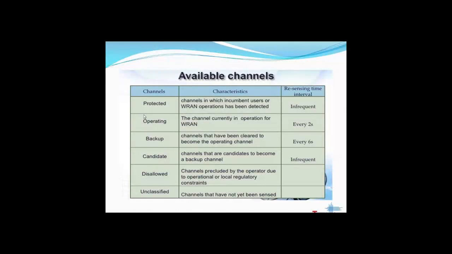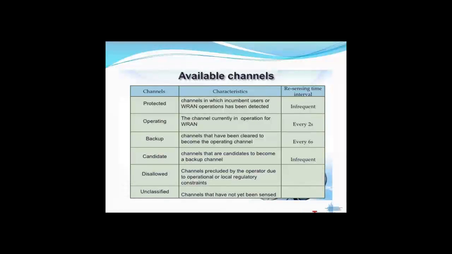In cognitive radio, the channels are classified into types based on their utilization. If a channel is used by the primary or licensed user, it is classified as a protected channel. If a channel is currently being used by a secondary user, it is classified as an operating channel.